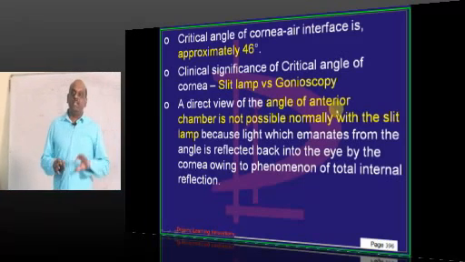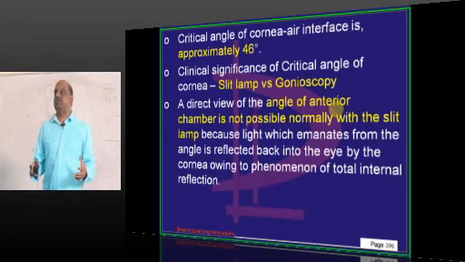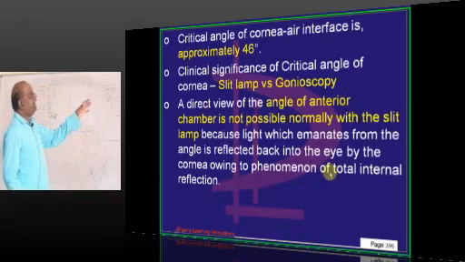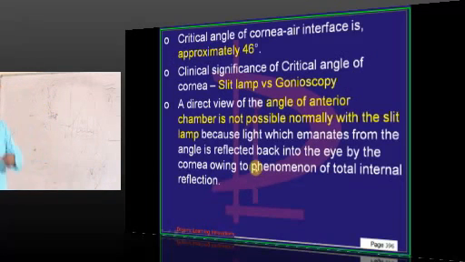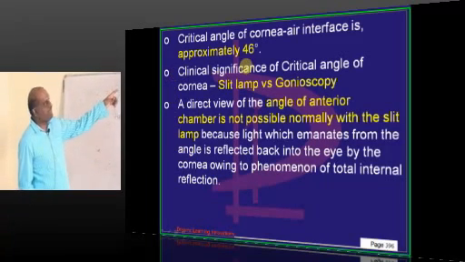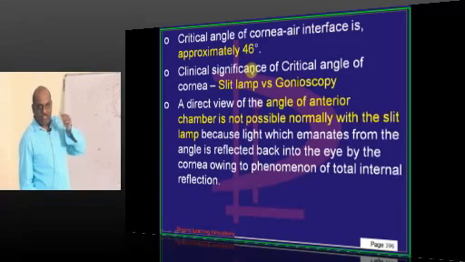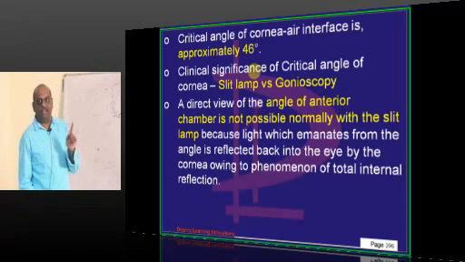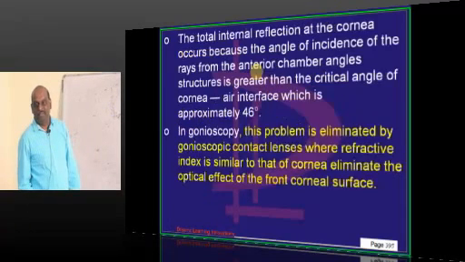What is the main difference between slit lamp versus gonioscopy? Typically whenever you are using slit lamp, you can't look at the angle of the anterior chamber. Why? Because of this corneal air interface is 46 degrees. While doing direct slit lamp examination, there is an internal reflection of the light, so you can't see the angle.